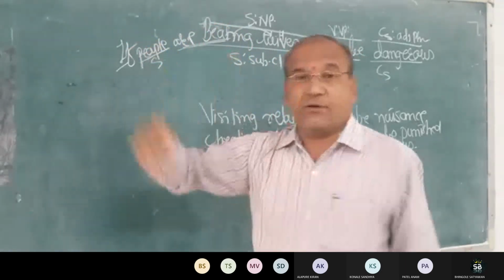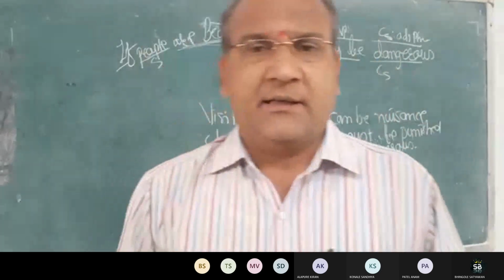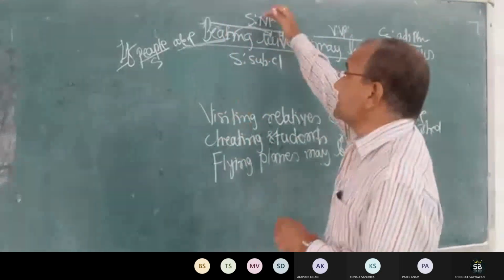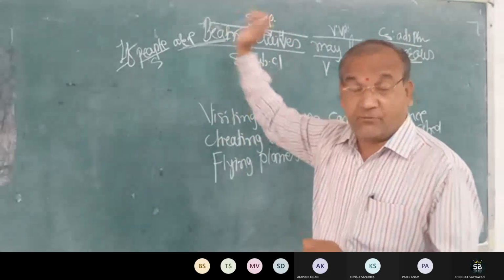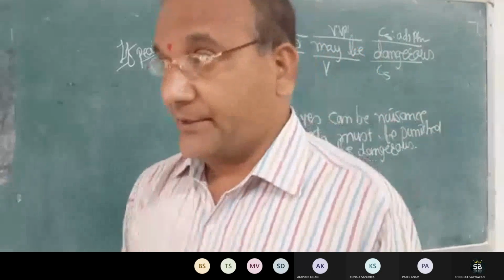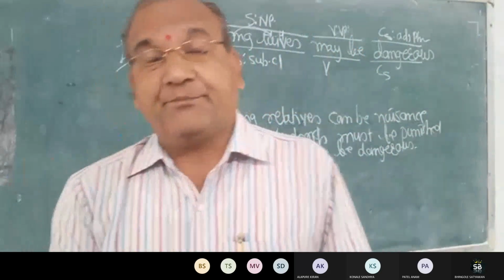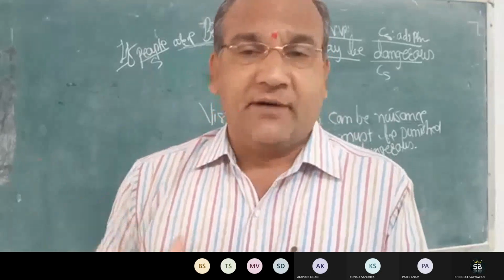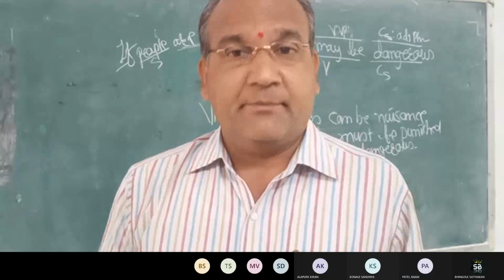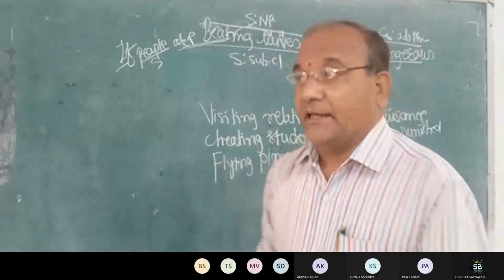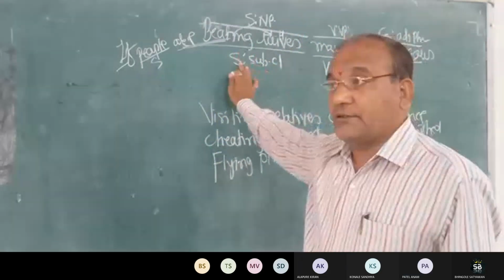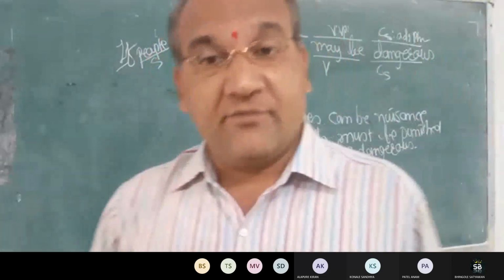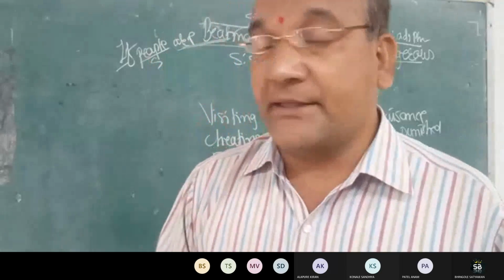So the meaning is: someone is beating the wife, or people are beating their wives, and it can be dangerous. If I consider it as an NP, M1 will be the wives who beat their husbands may be dangerous. But M2 with the subordinate clause will be: people are beating wives, and it can be dangerous.